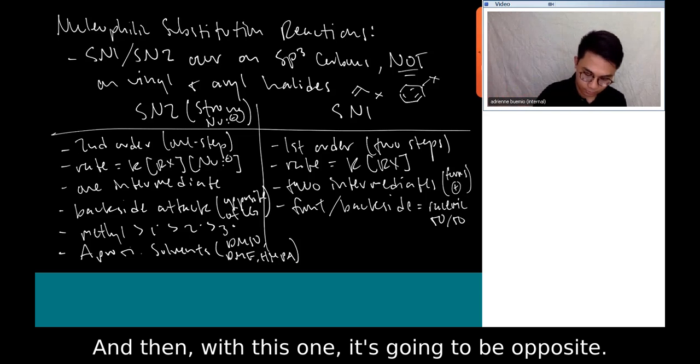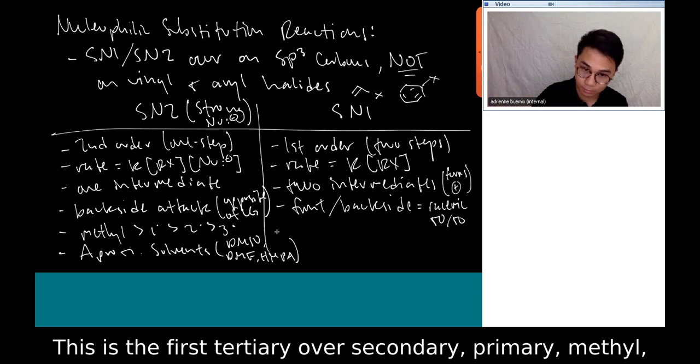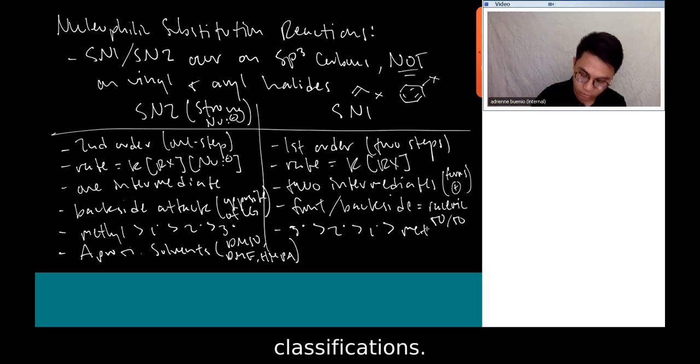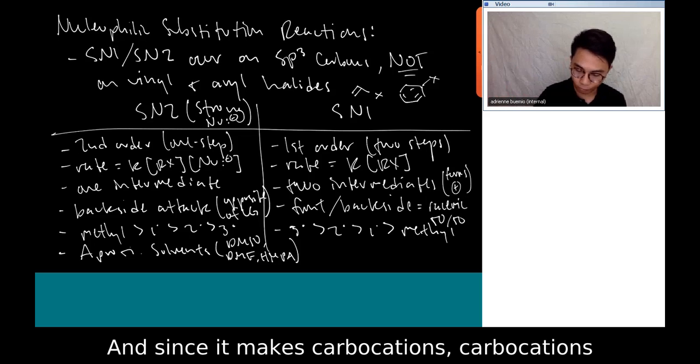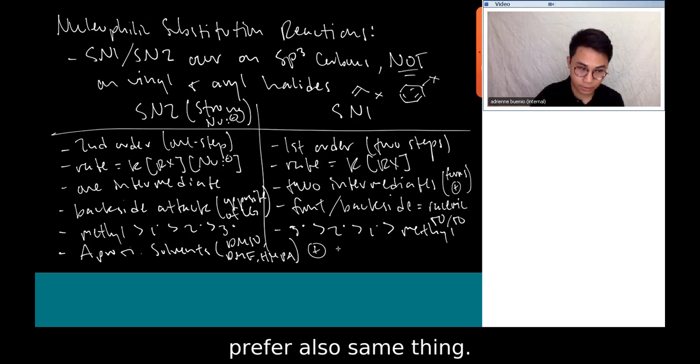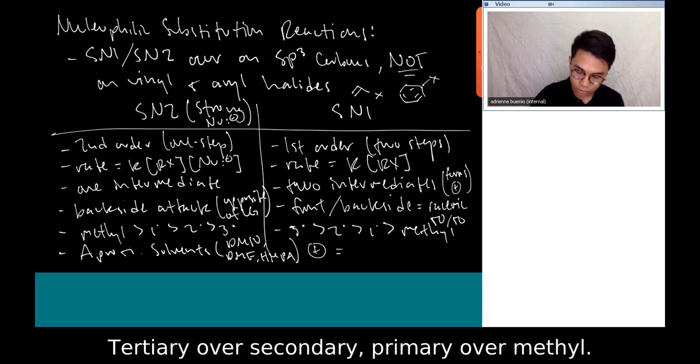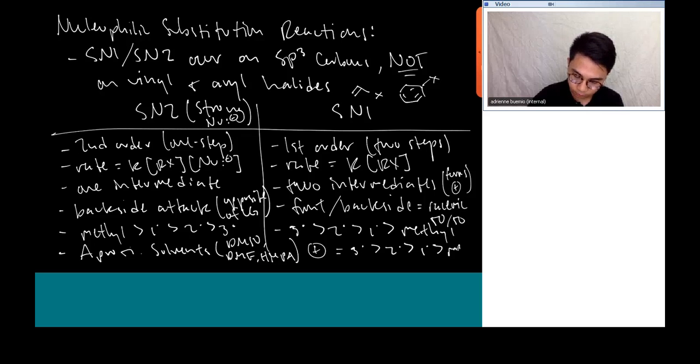And then with this one, it's going to be opposite. This prefers tertiary over secondary, primary, methyl classifications, right? And since it makes carbocations, it prefers the same thing: tertiary over secondary, primary, methyl, right?